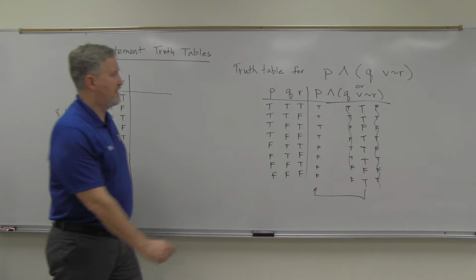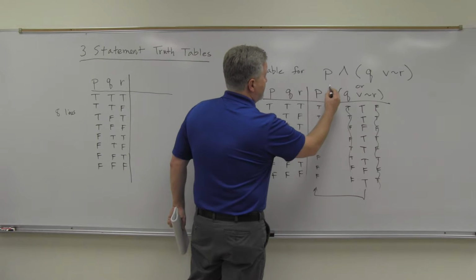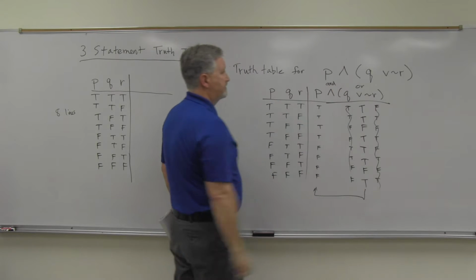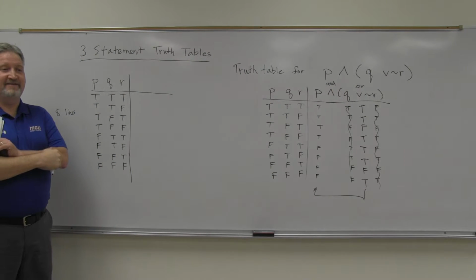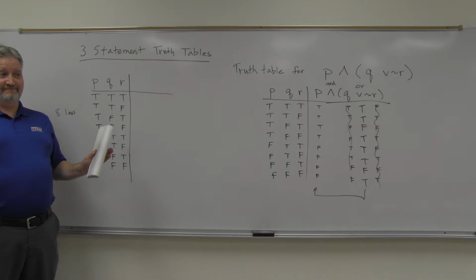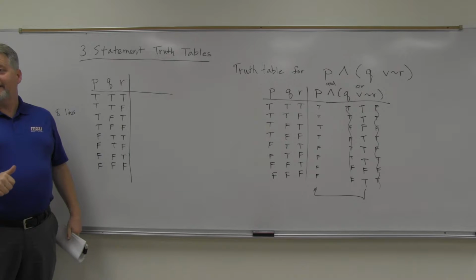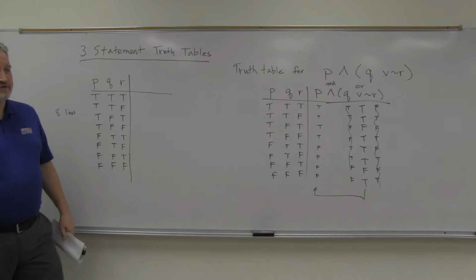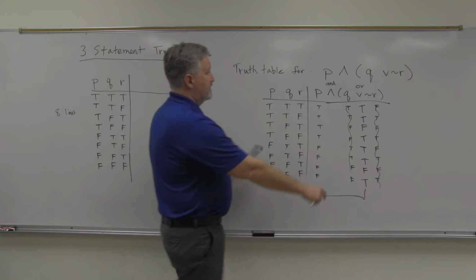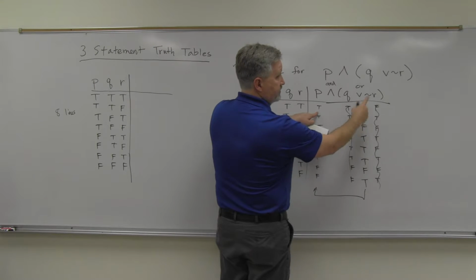And how are we going to combine those two? Well, the symbol there is the upside down V, or looks almost like a capital A. But that's the AND, isn't it? And how does AND work? For AND to be true, both of them have to be true, right? So in line 1 we've got true and true, so that one is true.